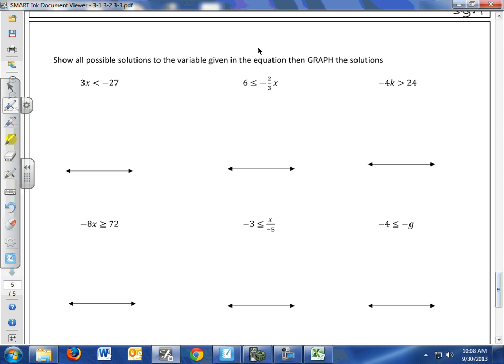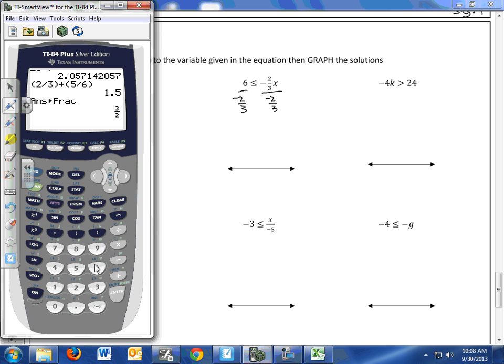So, for example, this second one I'm going to do. -2/3 is being multiplied by x. To solve, I would divide both sides by -2/3. When I do that, 6 divided by, in parentheses, I must put negative 2/3. I get negative 9.